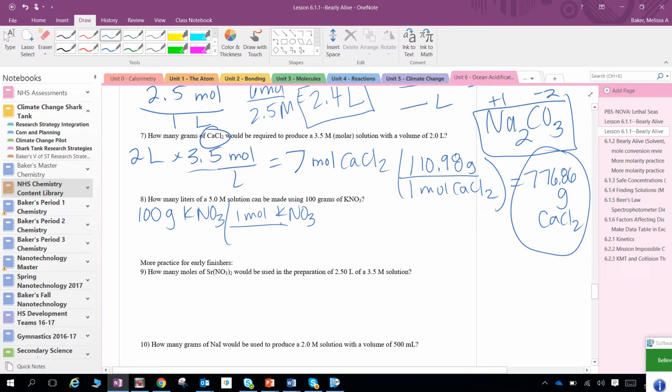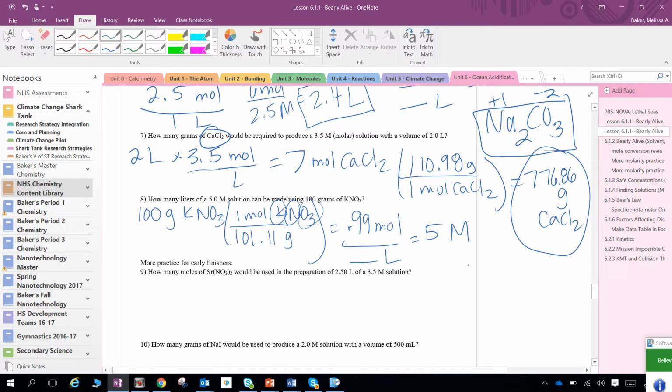So using the periodic table, I'm adding up 1 potassium, 1 nitrogen, and 3 oxygens. That adds to 101.11 grams. That means I've got 0.99 moles.